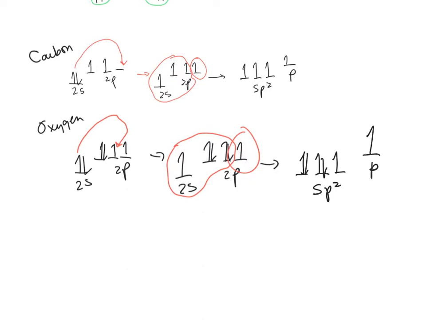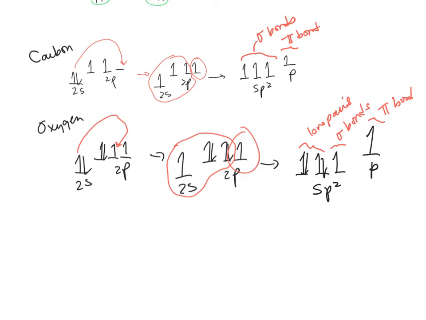And here, this is for the lone pairs. This one is for the sigma bond, and this one is for the pi bond. And this one here is for the pi bond, and these 3 are for the sigma bonds.